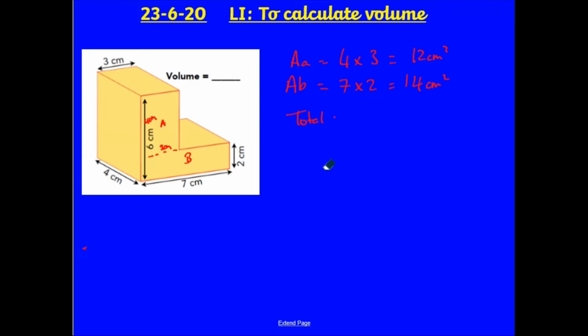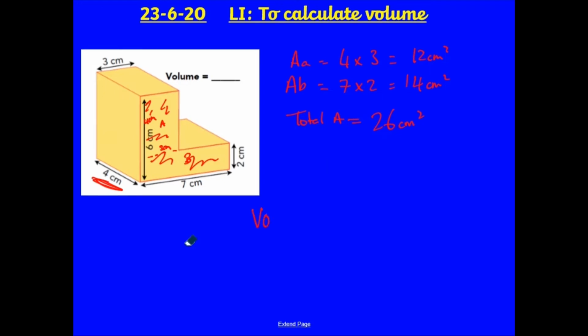So the total area of the surface on the front is going to be 26 centimeters squared. Now, I can just multiply by how deep it goes back. In this case, it is 4 centimeters. So I take the main face and multiply the area of that by how far it goes back.